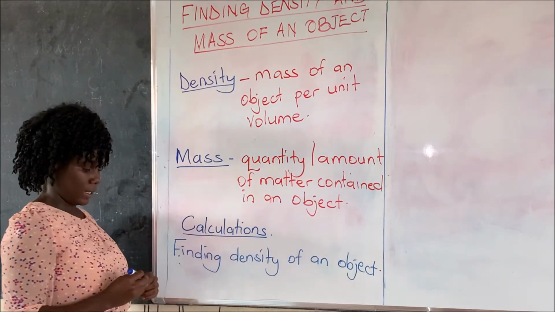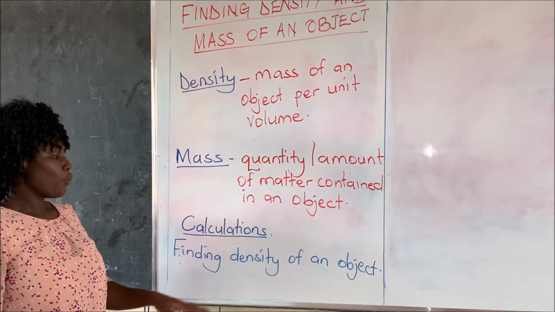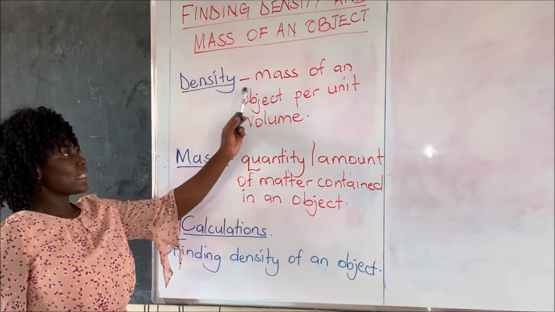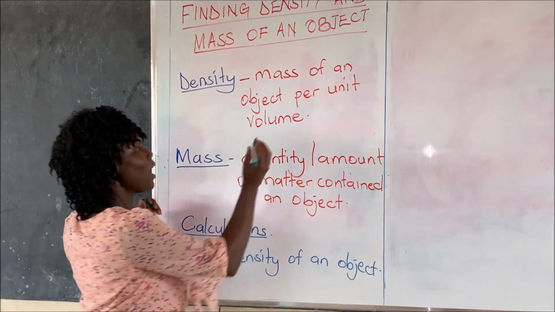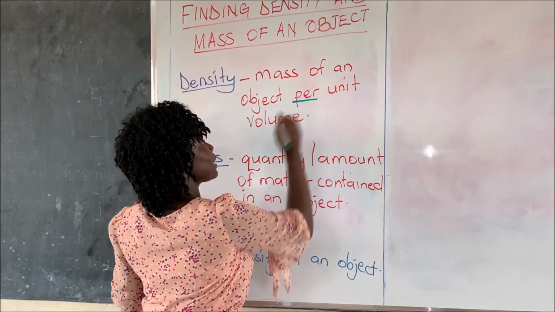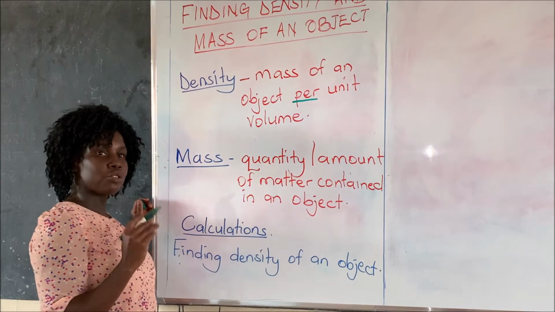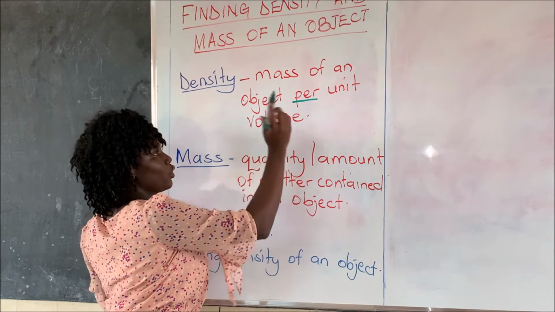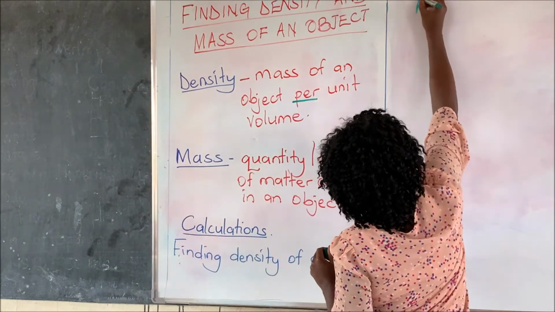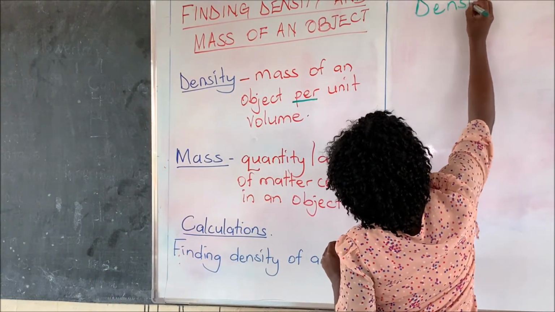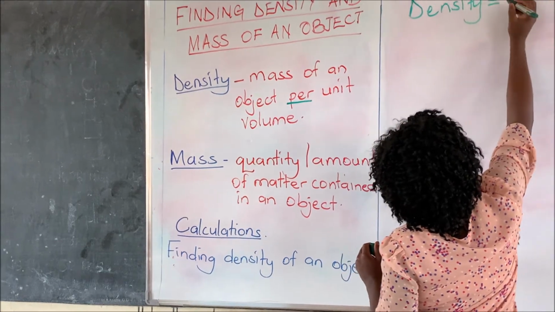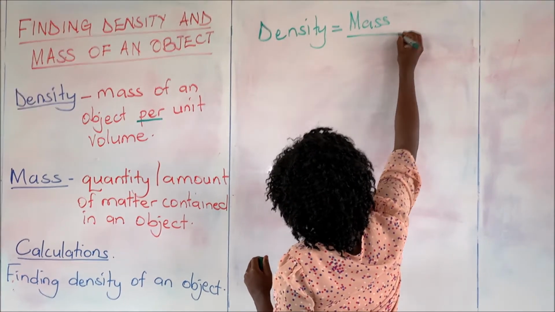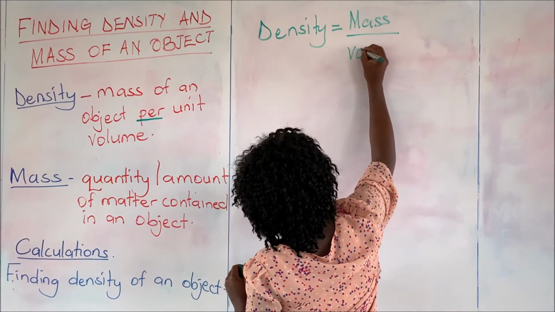Now we go back to the definition. How do we define density? Density is the mass of an object per unit volume. When we visit our mathematics, per means you're going to divide somewhere.